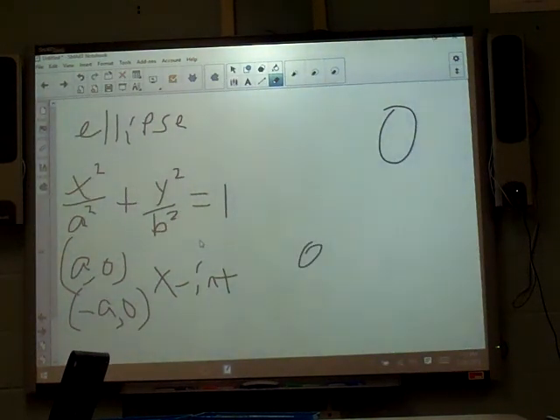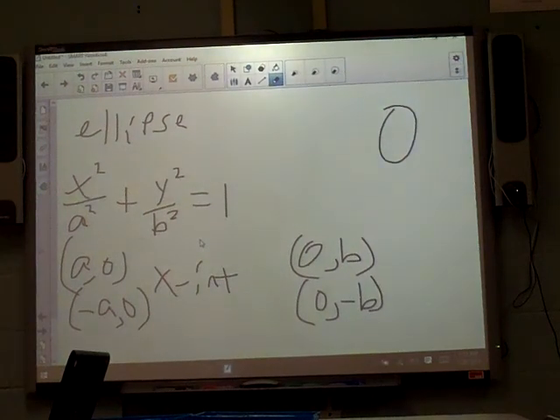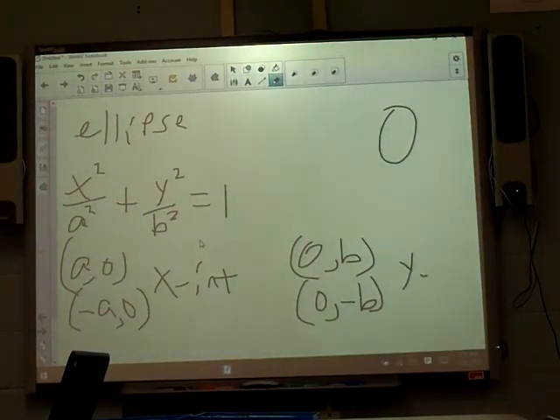And then 0b and 0, negative b are going to be your y-intercepts. Okay, so that's the notes we need to go with that, and we'll work a problem or two.